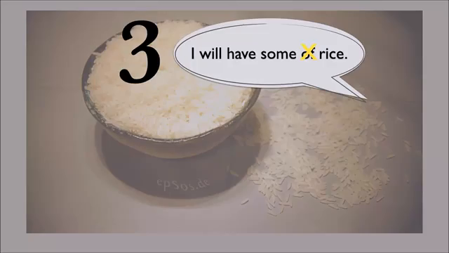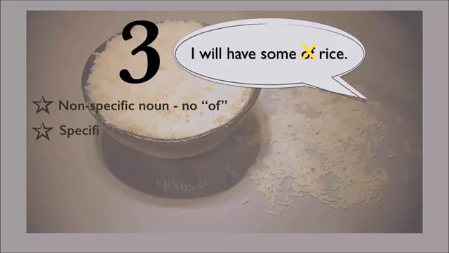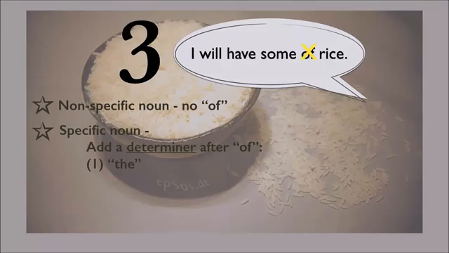Well, it actually depends on whether the noun is being used as a non-specific or specific noun. If the noun is non-specific, then of needs to be taken out. However, if the noun is a specific noun, then you must add of with a determiner after it. Commonly, we use the. I will have some of the rice.